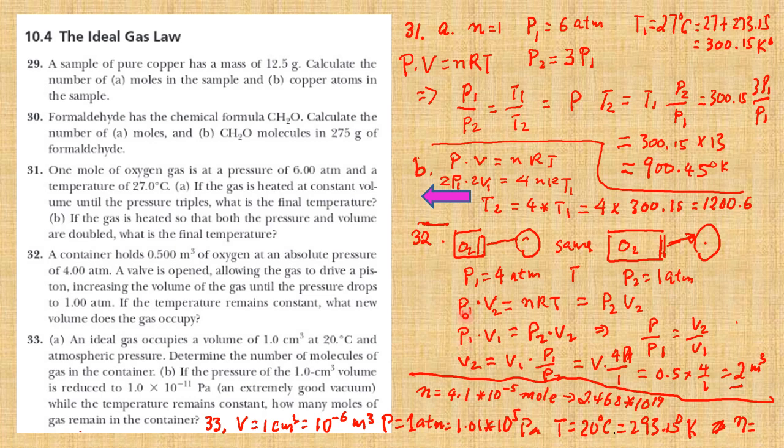P1 V1 equals nRT, this always holds true as long as the gas didn't leak, but that stays constant. But then it changed later on. It becomes nRT also equal to P2 times V2. P2 is smaller, then V2 must be bigger, right?